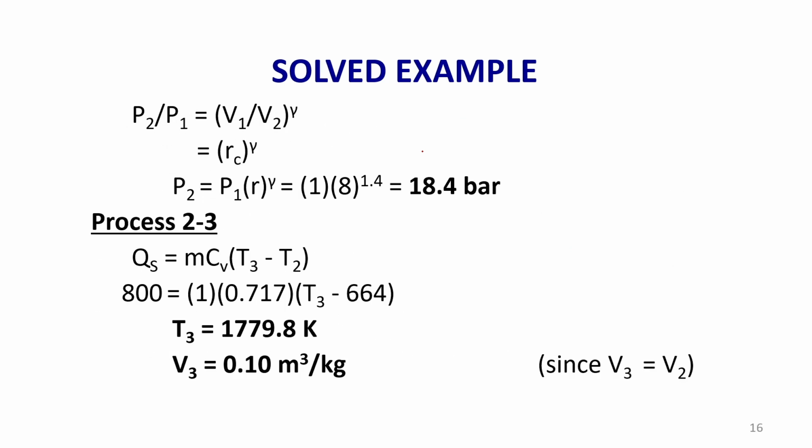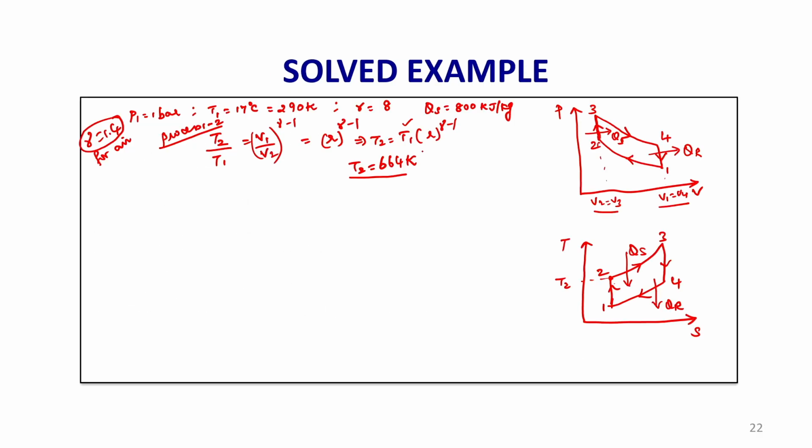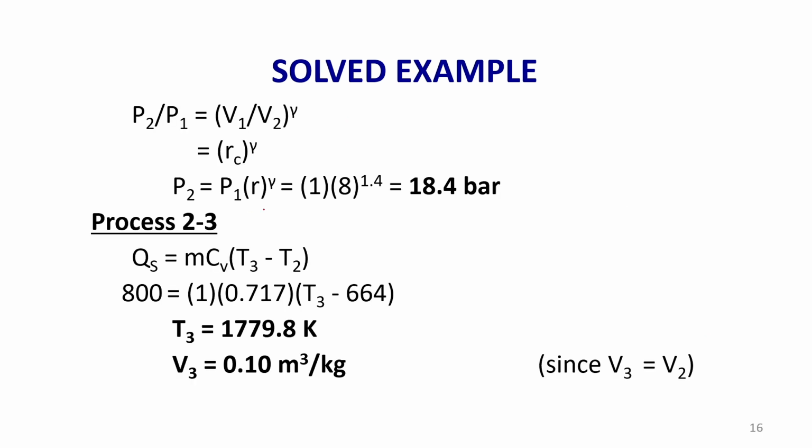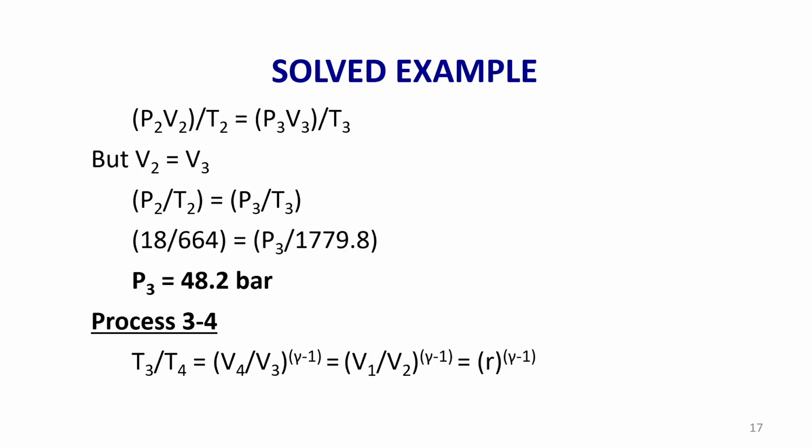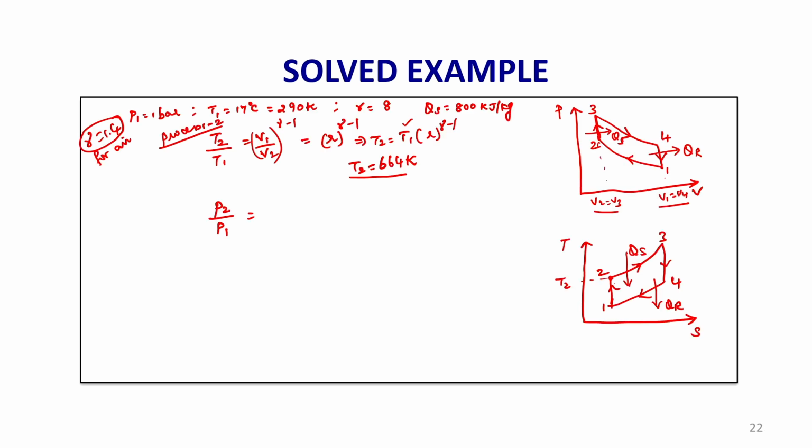Okay. Now, similarly we can write the thermodynamic relation between pressure and volume, that is P2 by P1 equal to V1 by V2 whole power gamma. For the process 1 to 2, because I have to find out the pressure at state point 2, I will be using this relation.